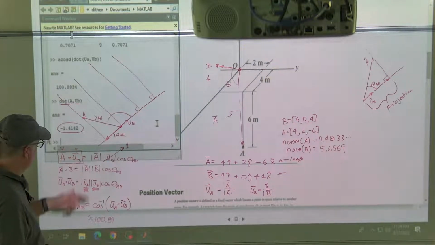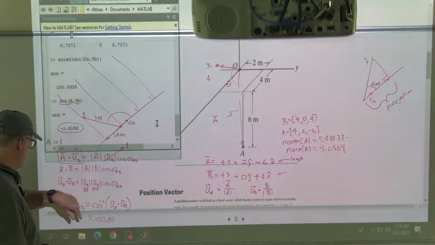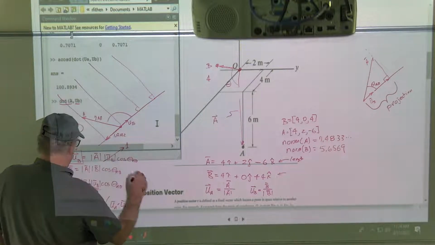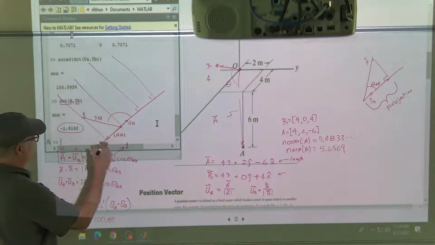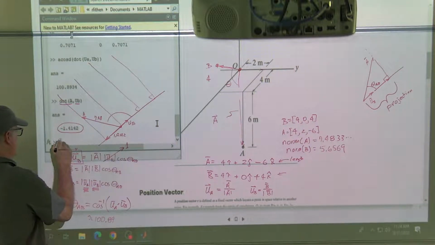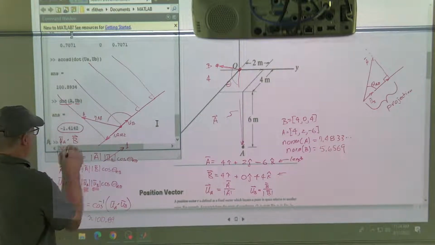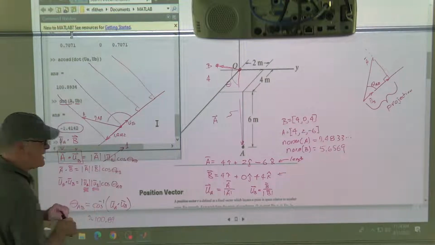You can find the projection of B back onto A. So if you turn around, okay, I'm running out of space here, but you could do this: U A dotted with B. Out of curiosity, let's find out what that is.